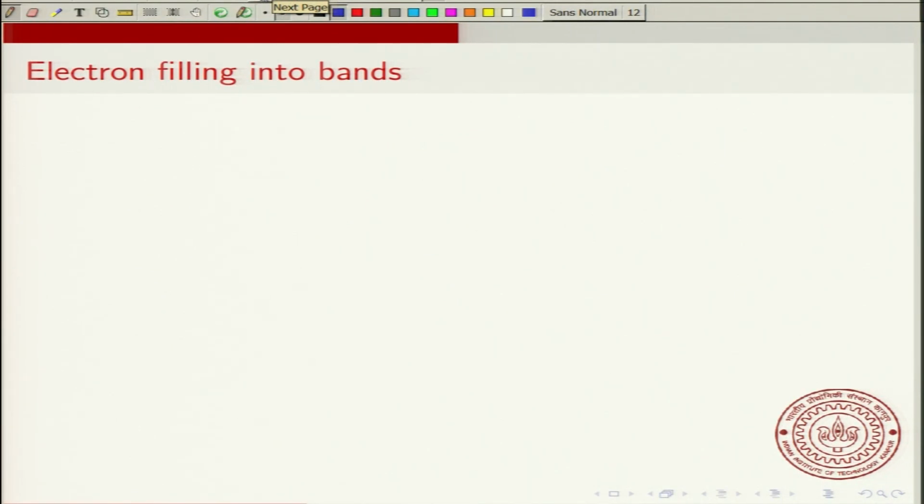The next important idea is the following: the way we are describing the band theory, you first make the bands, then fill electrons.